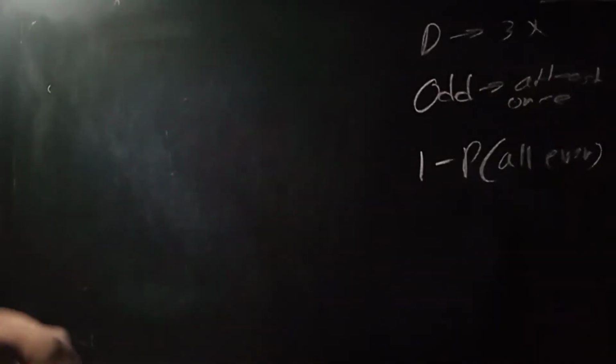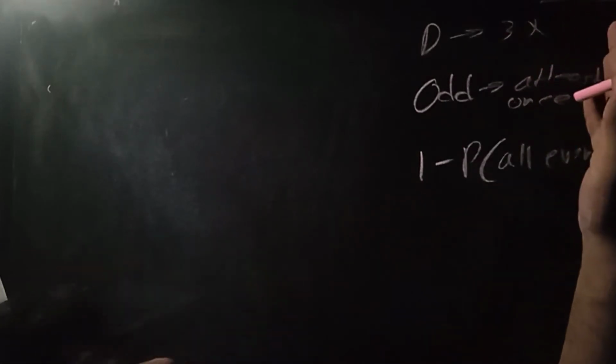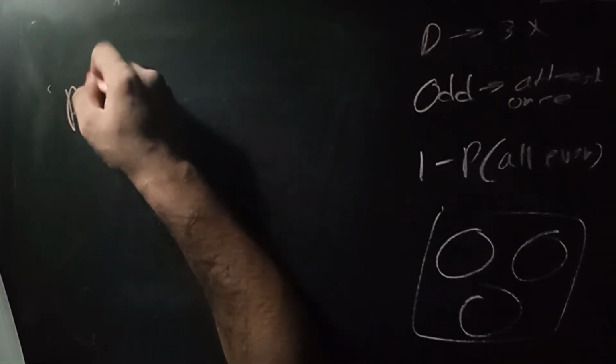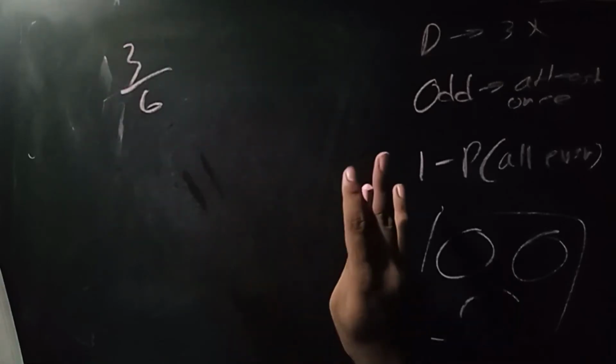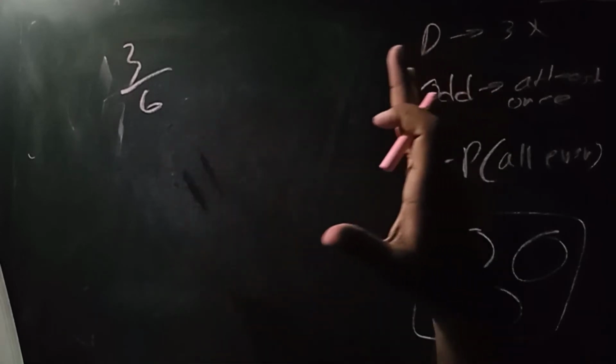So P of all even, and since die rolls are independent, they do not care what the previous die has rolled, so this will be treated as independent events. There is no correlation in the sample space. So just go like this. Probability of even in D1 is 3 by 6, because there are 3 even numbers and a total of 6 numbers available on a die.